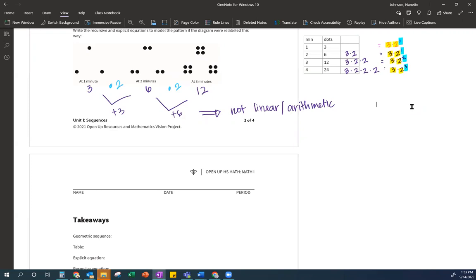So somehow my function is going to look like this, right? If I put n down here, it's going to be 3 times 2 to the something. The thing that's going to stay the same is that 3, that 2. And now what I want to know is, how do I get this exponent?